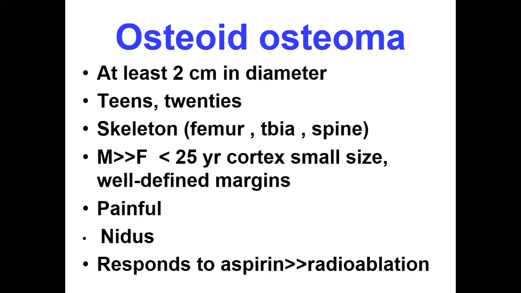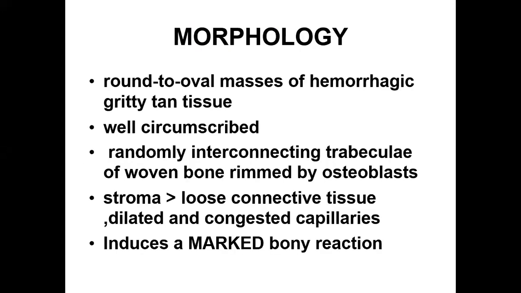They are small in size with well-defined margins, and they are painful, as I said, but their pain is relieved by aspirin or other anti-inflammatory drugs. Pain is said to be due to prostaglandin E2 production, and there is a nidus.